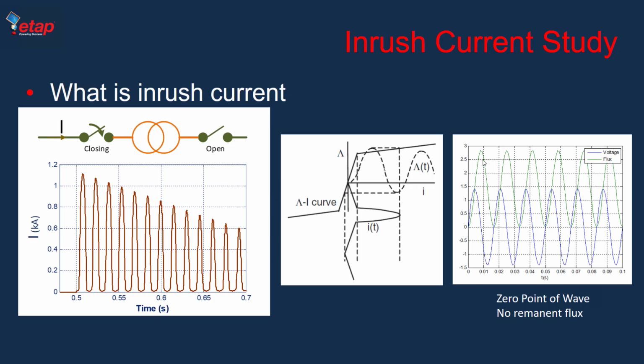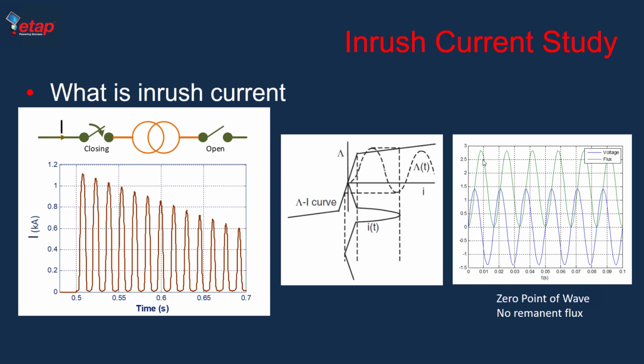Inrush current typically happens when we are energizing a de-energized transformer. So we have a transformer that is completely open at both ends and we are trying to connect from one side. What typically happens depends on which point on the wave we are connecting the transformer at, and how much remnant flux we have in the transformer.